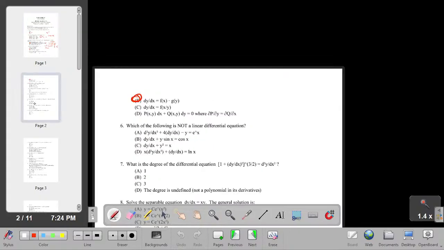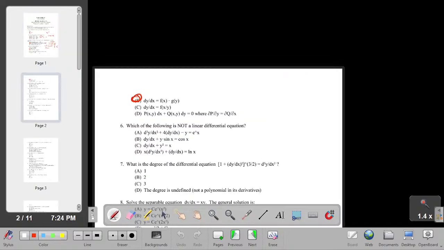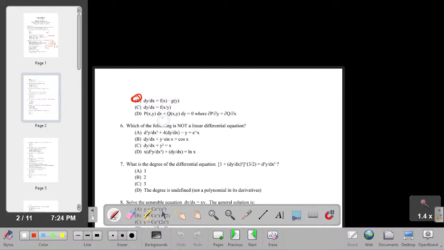Let's come to the second order. When I have d squared y over dx squared, this is second order. It is not dy over dx to the power 2. We are looking at the degree. The degree here was 4, because it is a first derivative to the power of 4. But here the degree is simply 1.